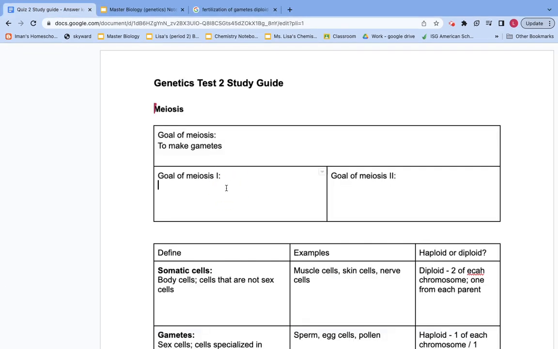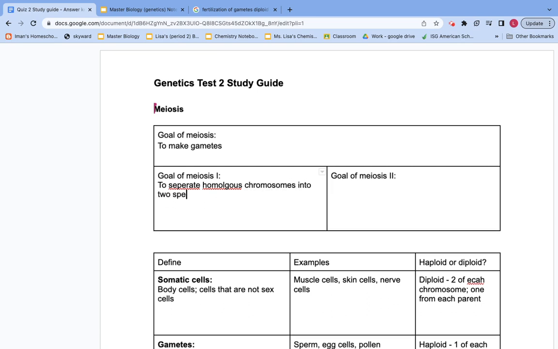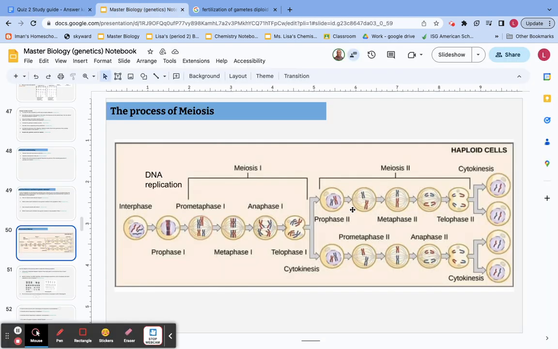So meiosis 1, to separate homologous chromosomes into 2 separate cells. And our goal of meiosis 2 is now we have a haploid cell.